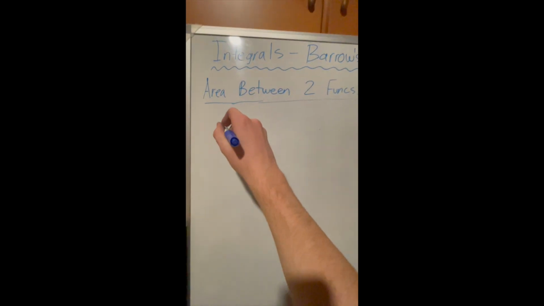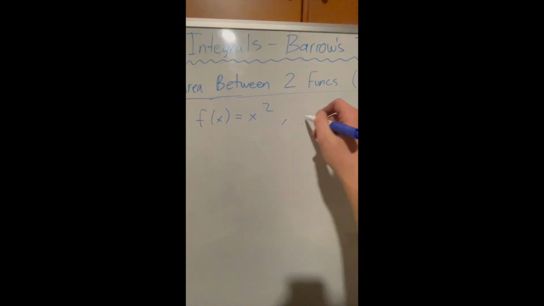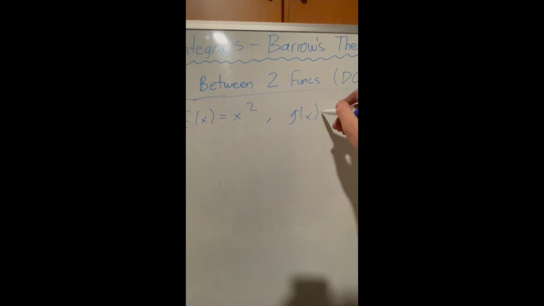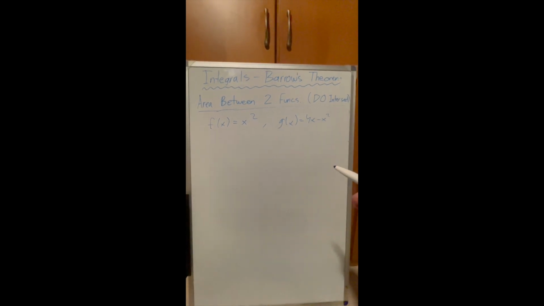Our f of x is going to be equal to x squared and our g of x is going to be equal to 4x minus x squared.